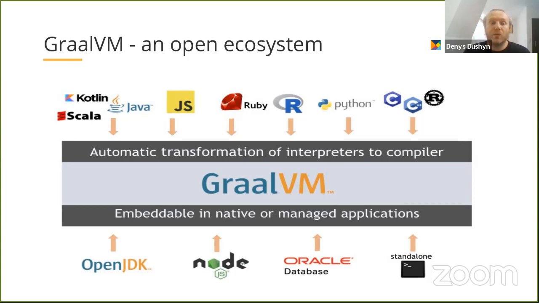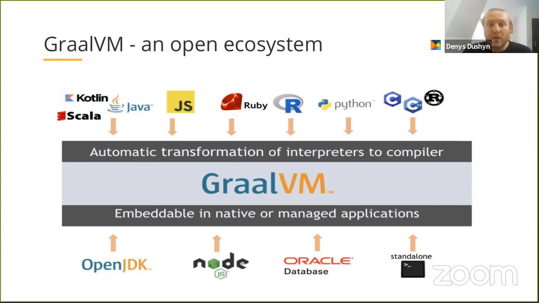It allows writing programs in languages that were mentioned before and compiling them to native images that are available for your operating system. It may be executable images for the Windows operating system or Linux or macOS.